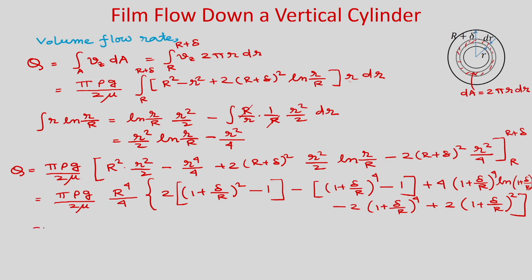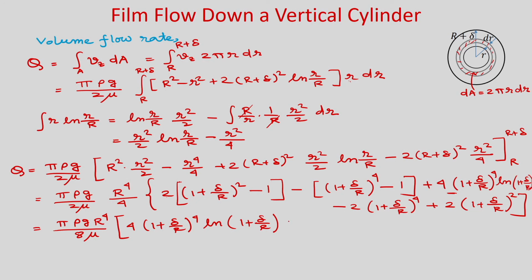So, if you rearrange it, so you will get pi rho g r to the power 4 divided by 8 mu. So, you can see here 2 into 1 plus delta by r whole square, right. So, first let us take this term 4 into 1 plus delta by r to the power 4 ln 1 plus delta by r.